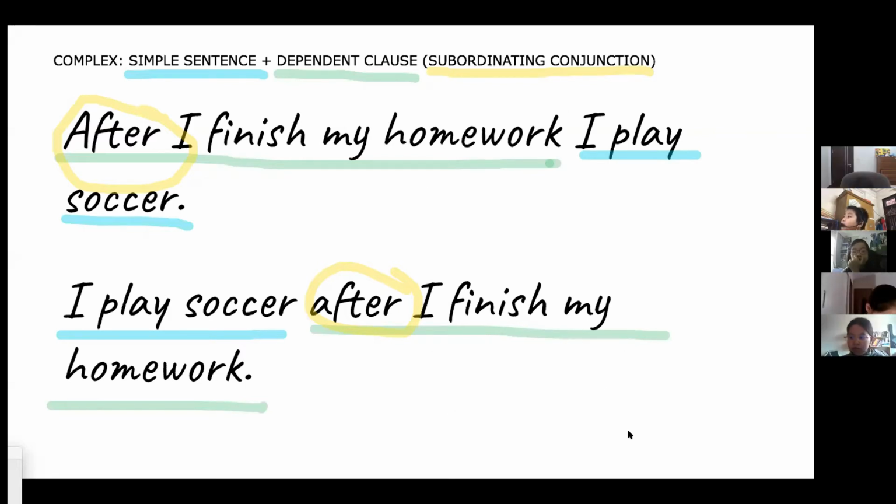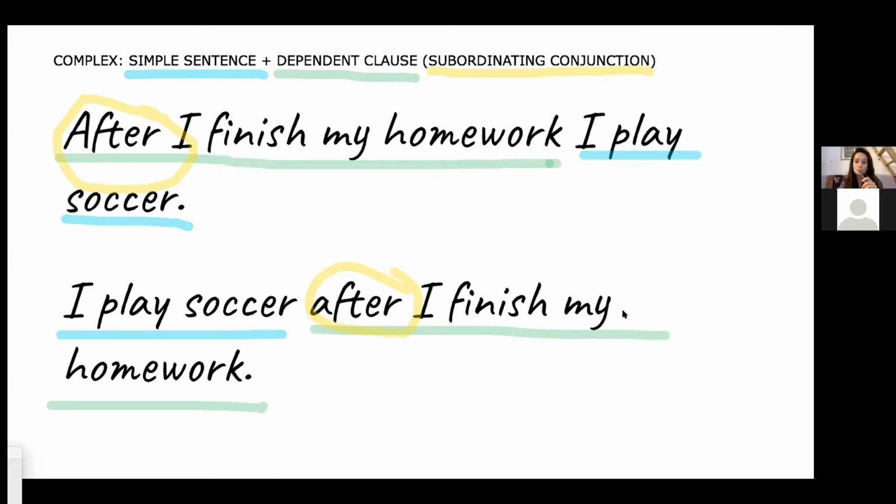Please wait to mute yourself until I'm finished asking you the questions. We use the comma to separate the simple sentence from the dependent clause. After the homework. Yep, after the homework. So after I finish my homework, comma, I play soccer. Okay. Does anyone have any questions about this homework?